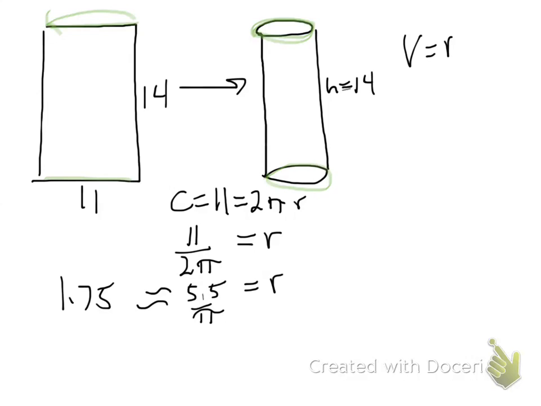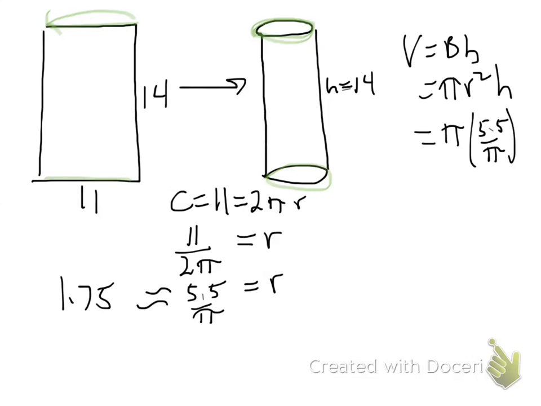The volume is the base times the height, which is pi r squared h, which is pi. The radius is 5.5 over pi, squared, times the height, which is 14.